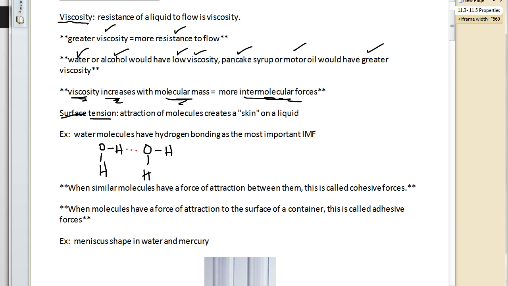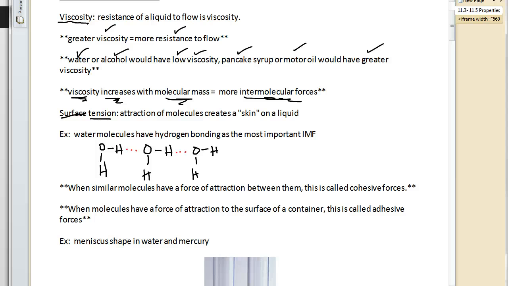That water molecule will then have a force of attraction to another water molecule, all due to the polarity of these molecules. Enough of these water molecules get together, and we have this sort of skin, the surface tension on water.